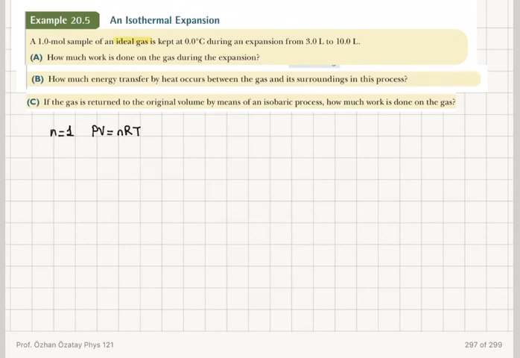It is kept at 0 degrees Celsius. Temperature is 0 degrees Celsius, which is roughly 273 Kelvin, and it is expanding from an initial volume of 3 liters, which is 3 times 10 to the minus 3 meter cube, to a final volume of 10 liters, which is 10 times 10 to the minus 3 meter cube, and it's done at a constant temperature kept at 0 degrees Celsius.